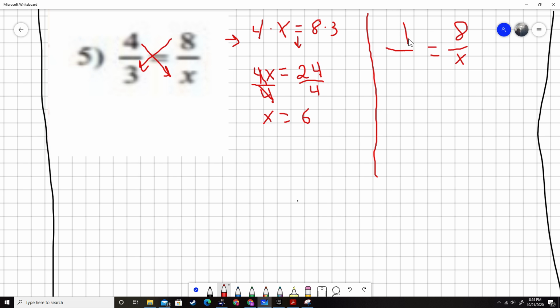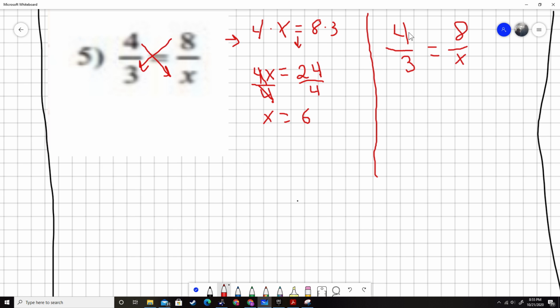On the other side I have 4 over 3. Both of these fractions are equal to each other when they're both reduced, which means that dividing whatever's over here gives something equal to what's over there when I divide it.